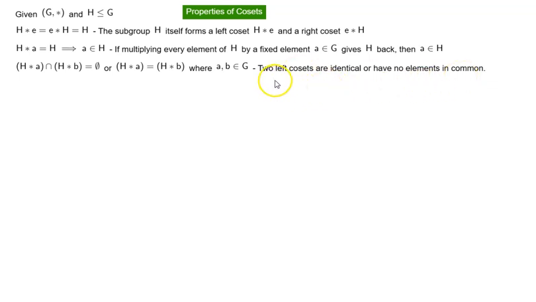Similarly, we can also say two right cosets are identical or have no elements in common.